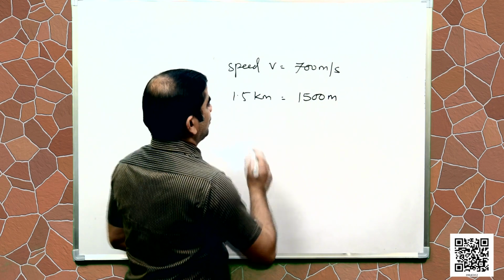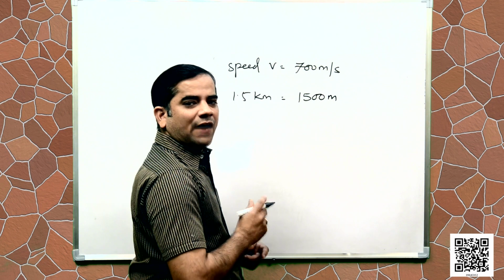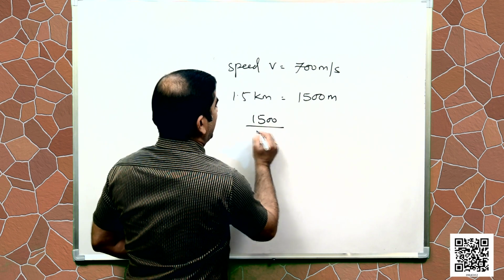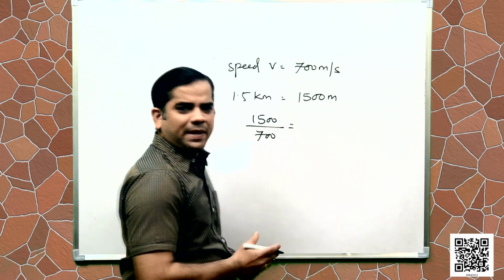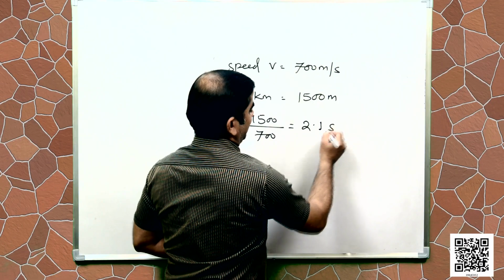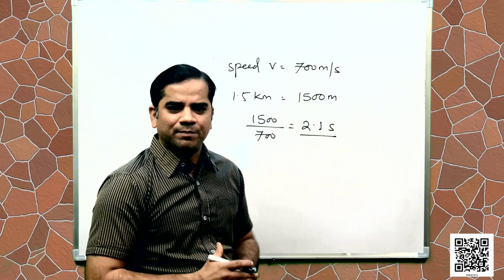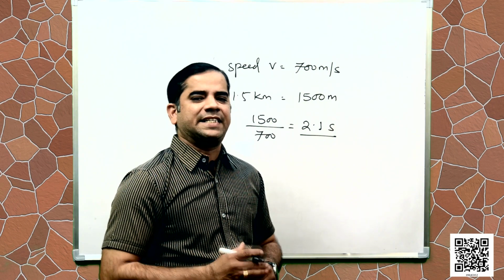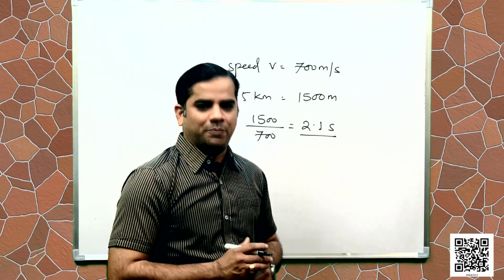So, to travel 1500 meter, it will take 1500 divided by 700, which will be 2.1 second. So, the sound will take 2.1 second to travel a distance of 1.5 kilometer.